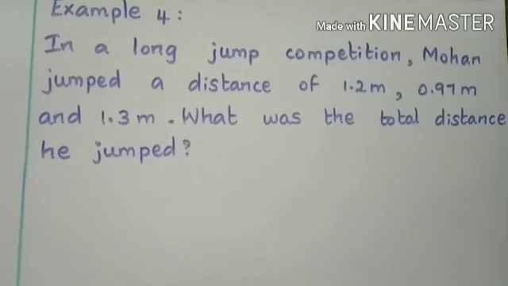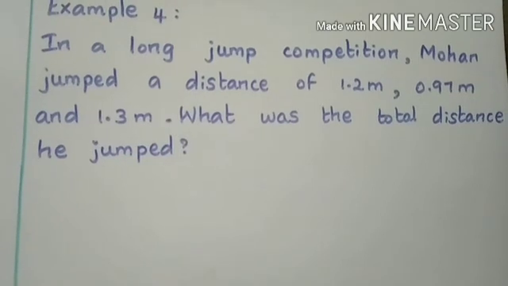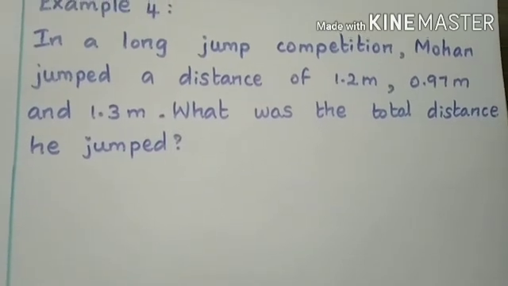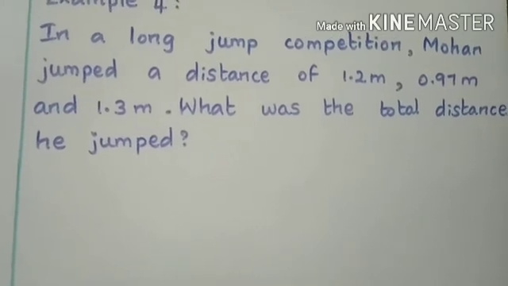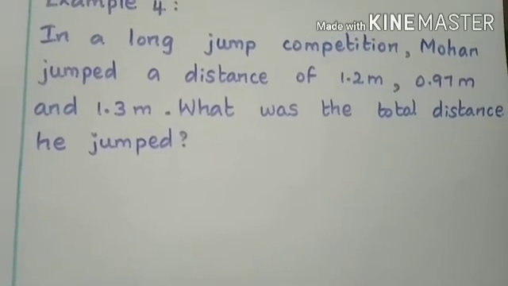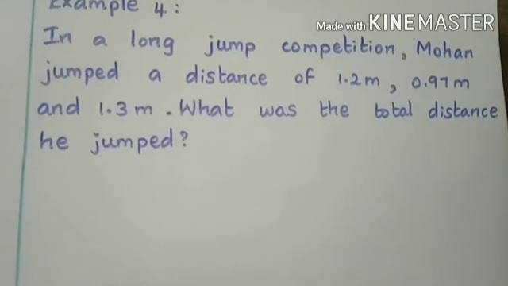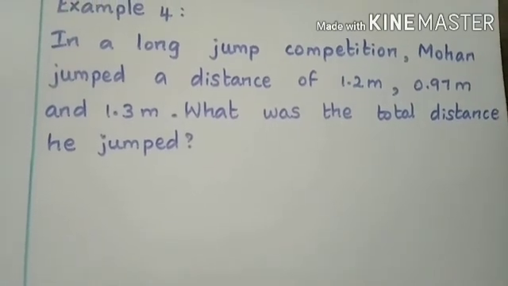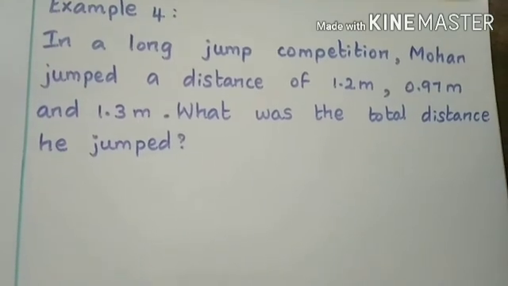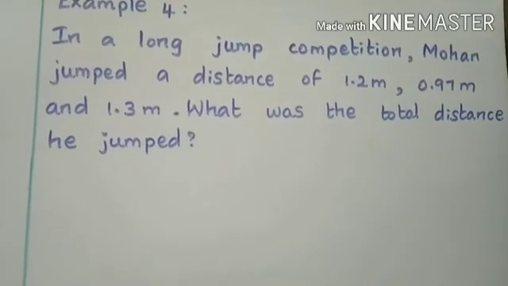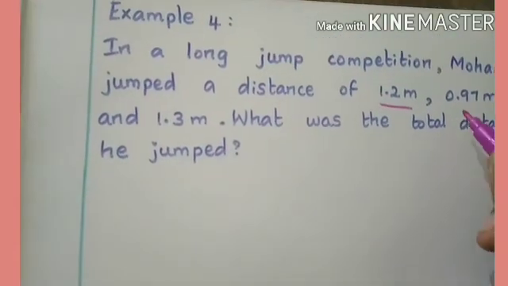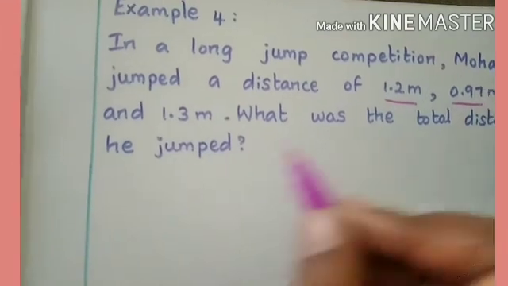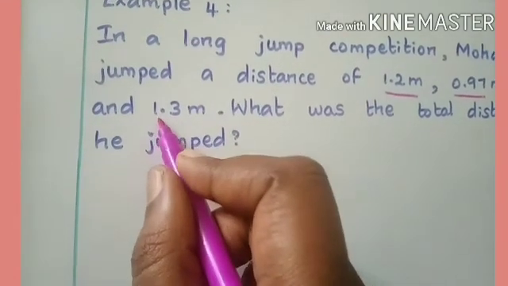Example 4. In a long jump competition, Mohan jumped a distance of 1.2 meter, 0.97 meter and 1.3 meter. What was the total distance he jumped? Here, some distances he jumped are given. They are 1.2 meter, 0.97 meter and 1.3 meter.